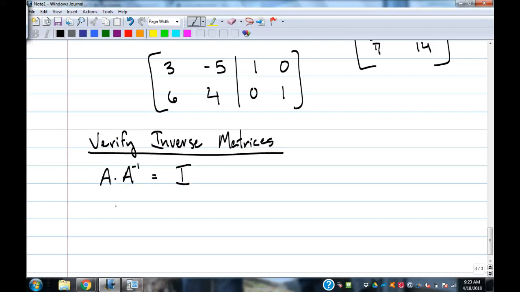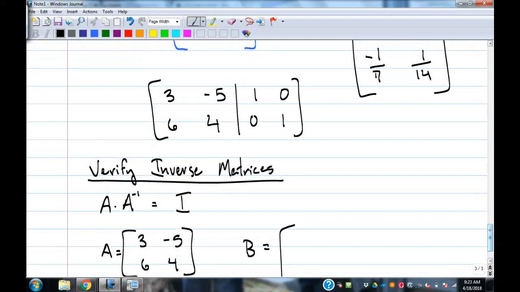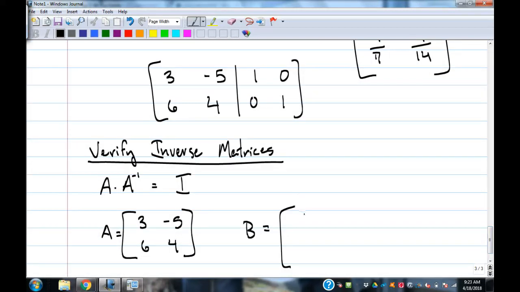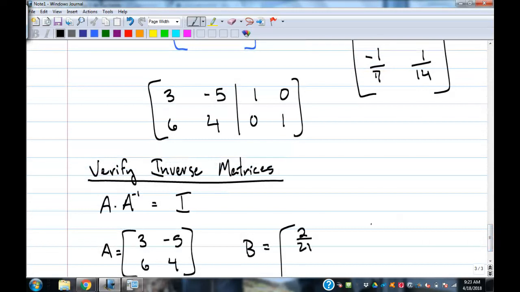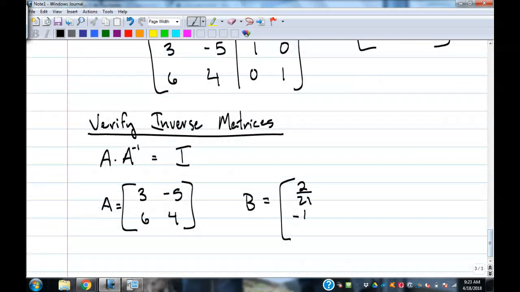So if it's a 2 by 2 matrix, say matrix A was the one we used, 3, negative 5, 6, 4, and they said matrix B is this weird one we found, 2 over 21, negative 1 over 7, 1 over 14, 5 over 42.